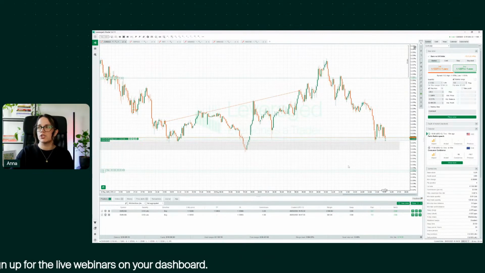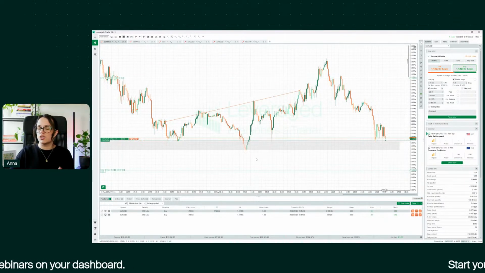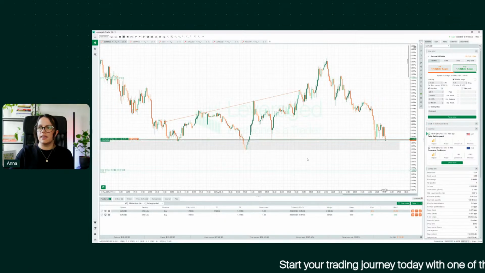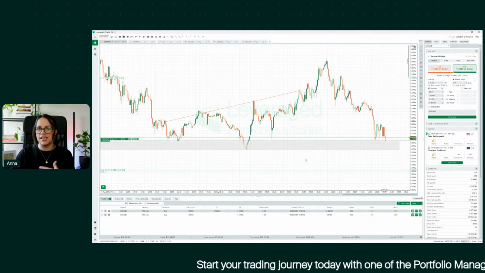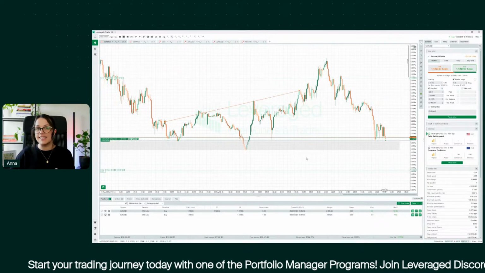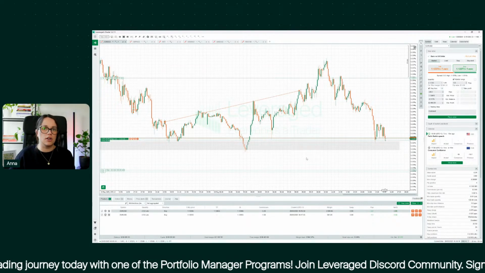You should always use the stop loss. But I do think that when you're starting out to find your risk management approach, it's actually okay to start with the set lot sizes.